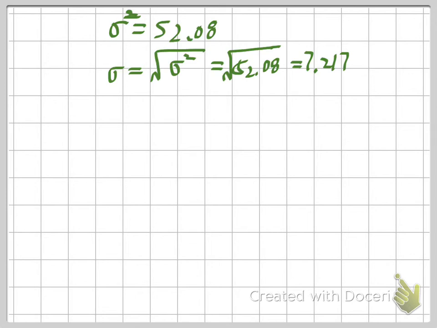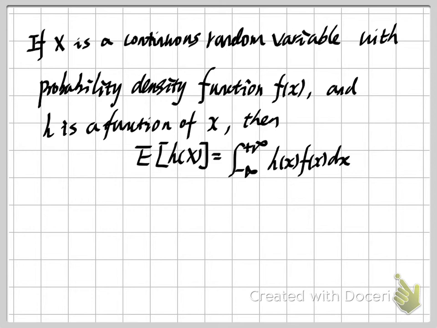For a continuous random variable, we also have similar properties. So let me write this down. If X is a continuous random variable with a PDF, probability density function, denoted by small f(x), and h is also a function, then we have this property.